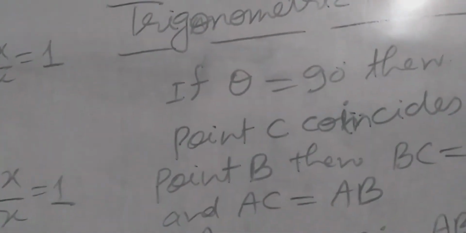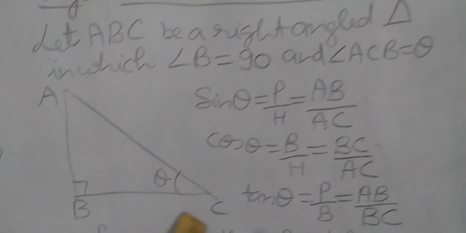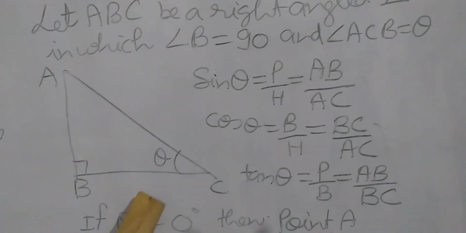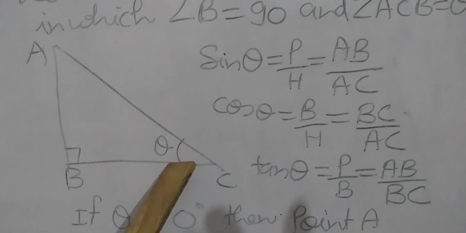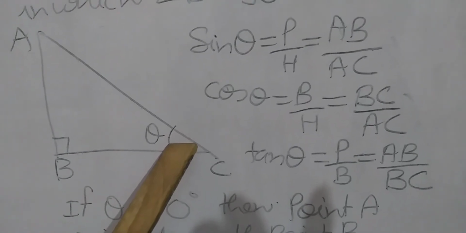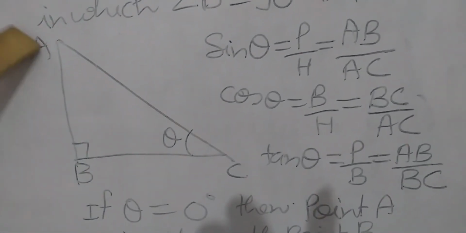Now students, trigonometric ratios for the angle of 90 degree. So we are going to take the same diagram which we have drawn for 0 degree. Now students, we are going to take theta equals 90 degree. If theta becomes 90 degree, then AC coincides with AB.